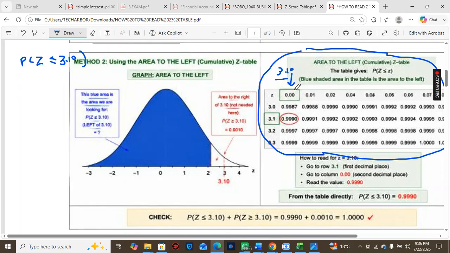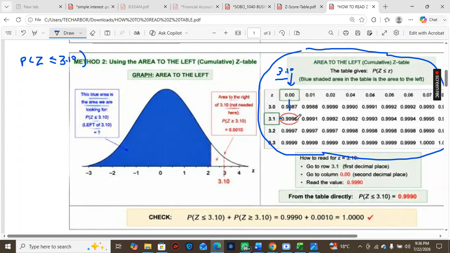You have to get the readings from the column and the top row. 3.1 in our column is here. 0.00 is here on our top row. Where these two intersect, that is your reading. Have you seen here? 0.999.